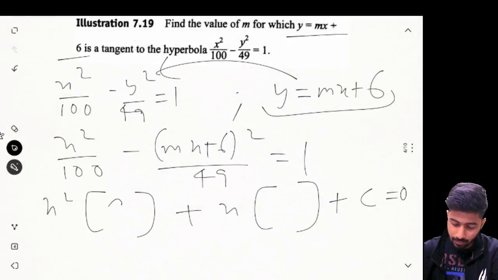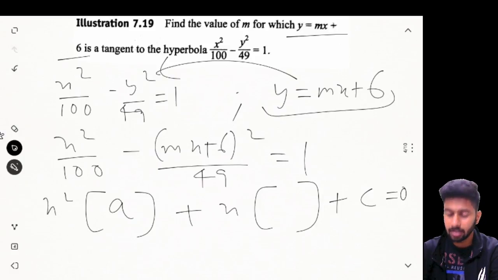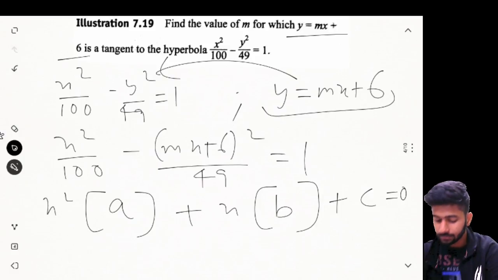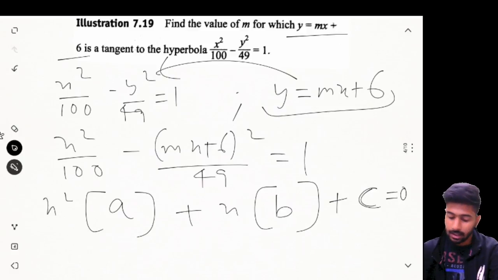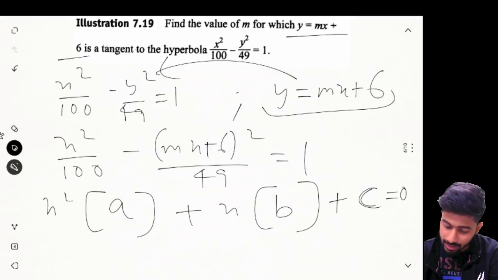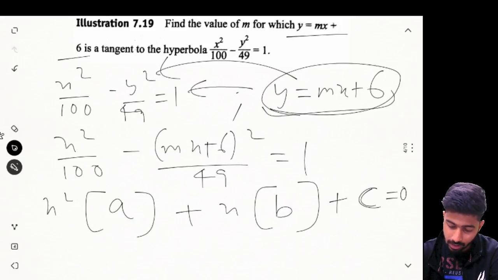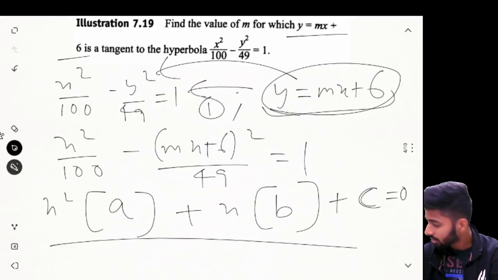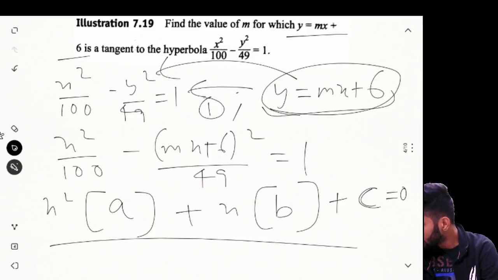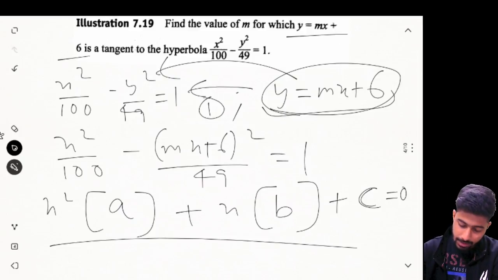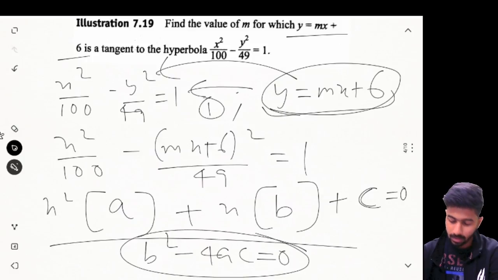So let the coefficient of x square be a, that you get by rearranging this equation. Let the coefficient of x be b, right? And let your constant that you get be c. Then what you have to make sure is, because this straight line is intersecting this curve only at one point, that this quadratic is supposed to have just one root. That means its b square minus 4ac should be 0. Right, b square minus 4ac has to be 0. So you do that and find out the answer.